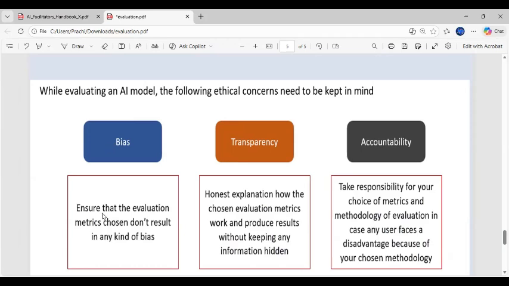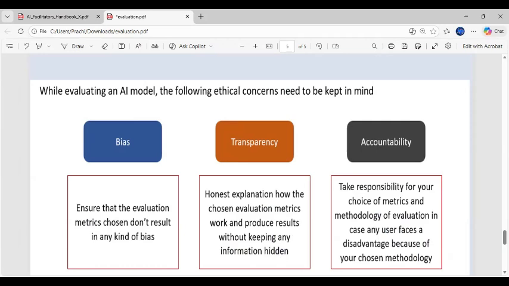Bias ensures that the evaluation matrix does not result in any kind of favoritism towards particular preferences or a particular set of data, right? Second is transparency: an honest explanation of how the chosen evaluation matrix will work and produce a result without keeping anything hidden, right?